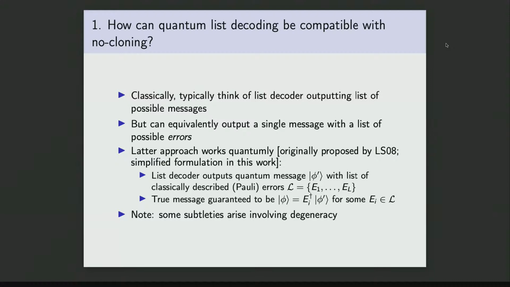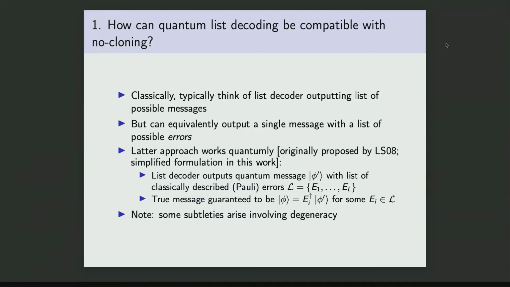And this latter approach actually is perfectly fine to do quantumly. This was originally proposed by Leung and Smith, and we simplify their formulation and give an efficient construction in this work. But basically, the list decoder will output a quantum message, V prime, with a list of classically described errors. They'll actually be Pauli errors, E1 through EL.